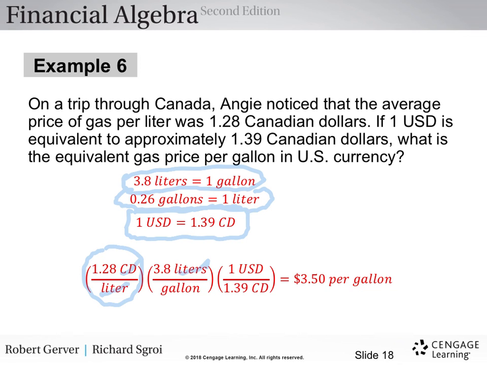So in multiplying, I can cancel out the Canadian dollars. So what am I left with? I'm left with US dollars per gallon. And if I multiply the numbers, I come out with $3.50 per gallon. So as you can see, the price of gas in Canada is significantly more than what the price is in the United States.